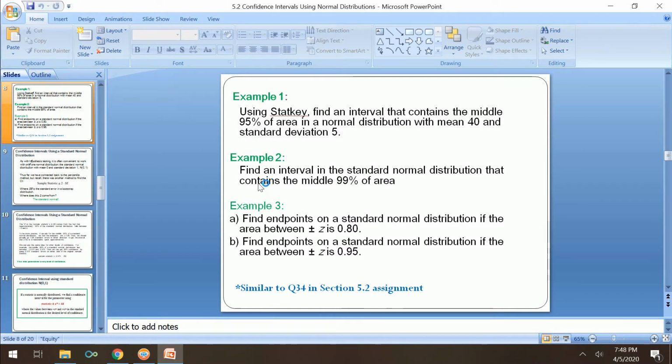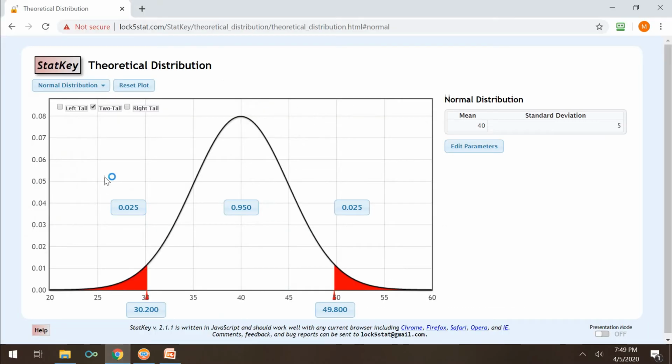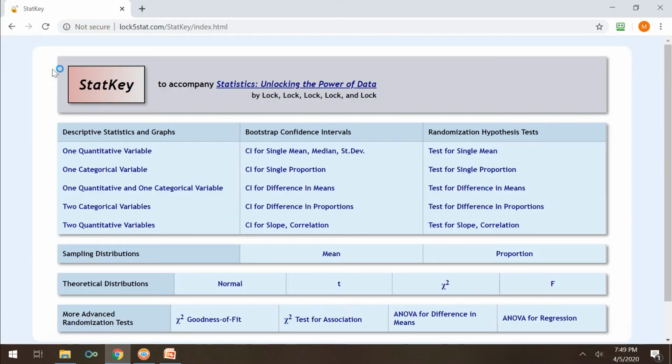Example 2 is asking us to find the interval in the standard normal distribution that contains the middle 99% of area. The term standard normal distribution means that the mean should be 0 and the standard deviation should be 1. So we'll go back to StatKey and click on normal.